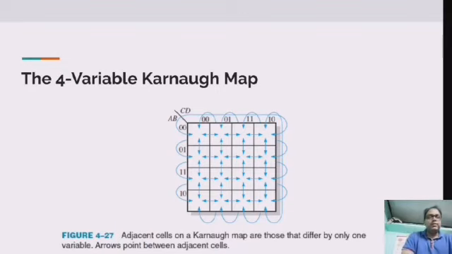So, for example, we can see in the diagram that the cell 0 0 for AB and 0 0 for CD is adjacent to the cell at the topmost right corner, that is 0 0 1 0.